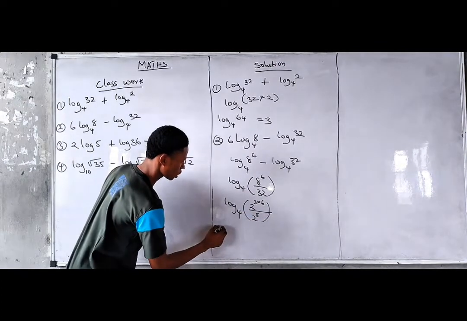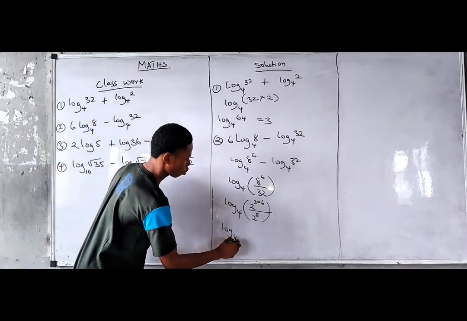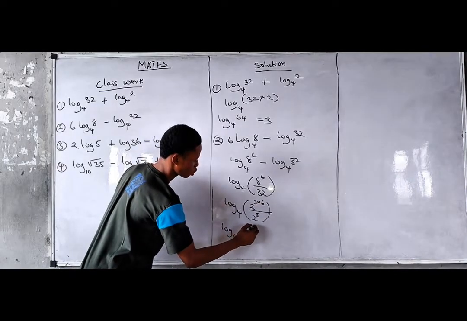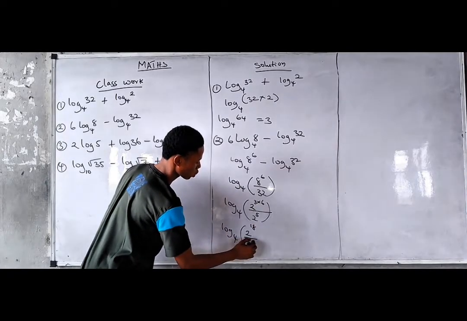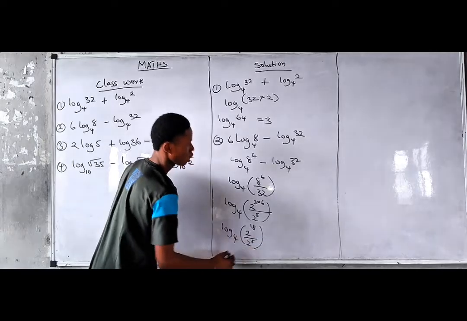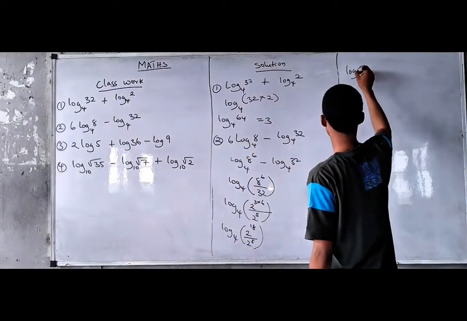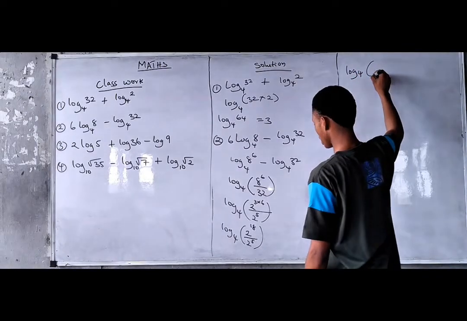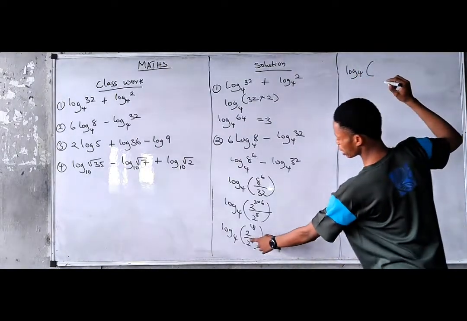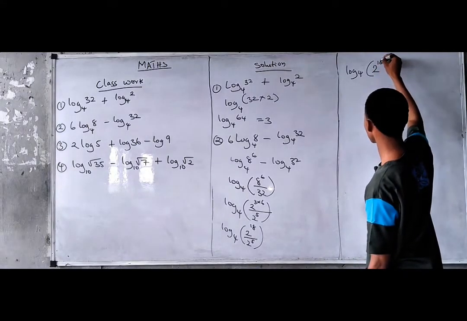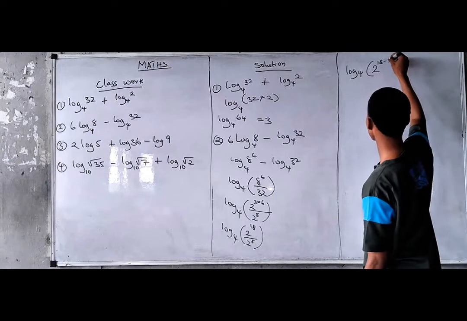So this is the same thing as saying log 4 brackets 2 raised to power 3 times 6 is what? 18 all over 2 raised to power 5, right? From log rule, we know from indices, since they have the same base here and division, what do I do? 2 raised to power 18 minus 5, right?